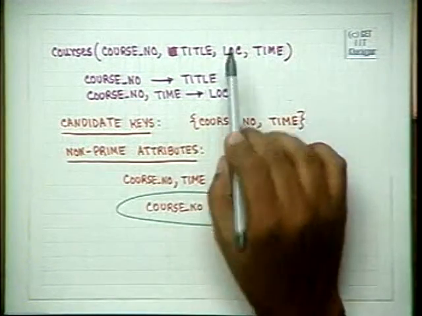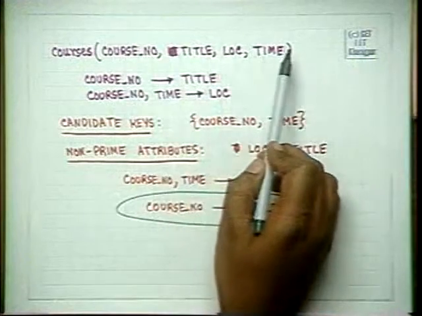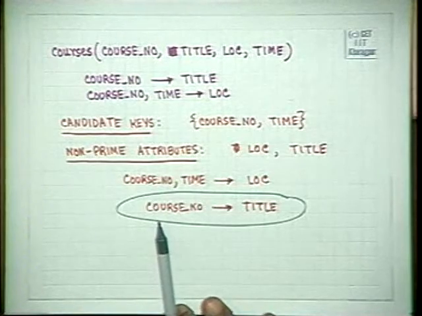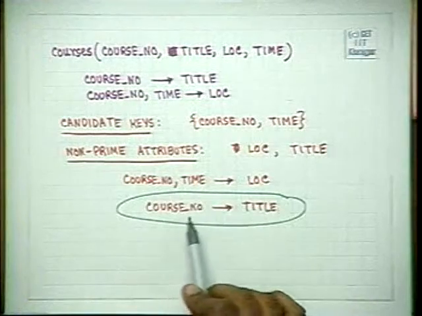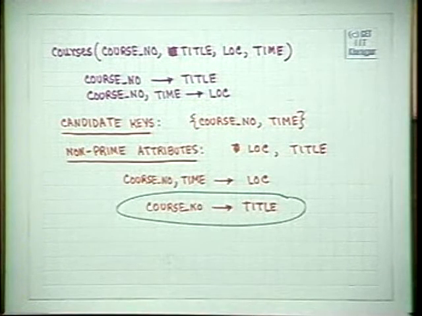I hope you have got the meaning of what is in second normal form and what is not. If we broke this into two relation schemes, course number and title, and course number, location and time, then each of them will be in second normal form. Therefore, second normal form does indicate the presence of redundancy in your relation scheme.